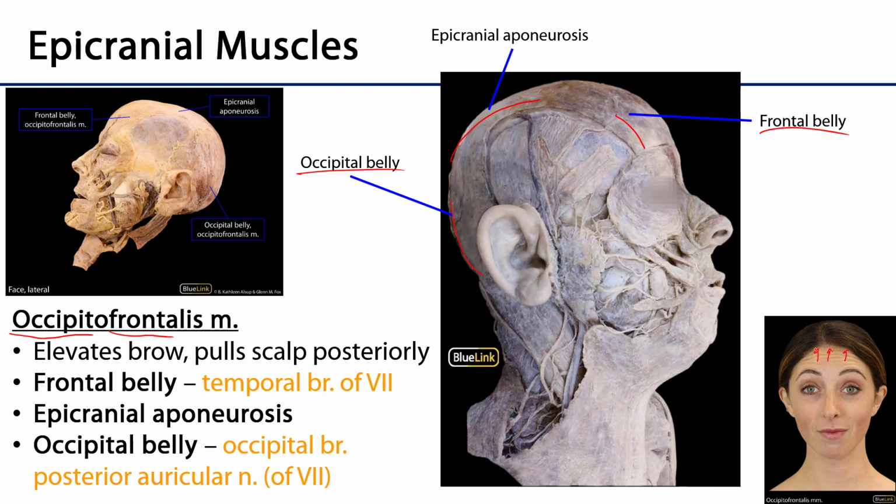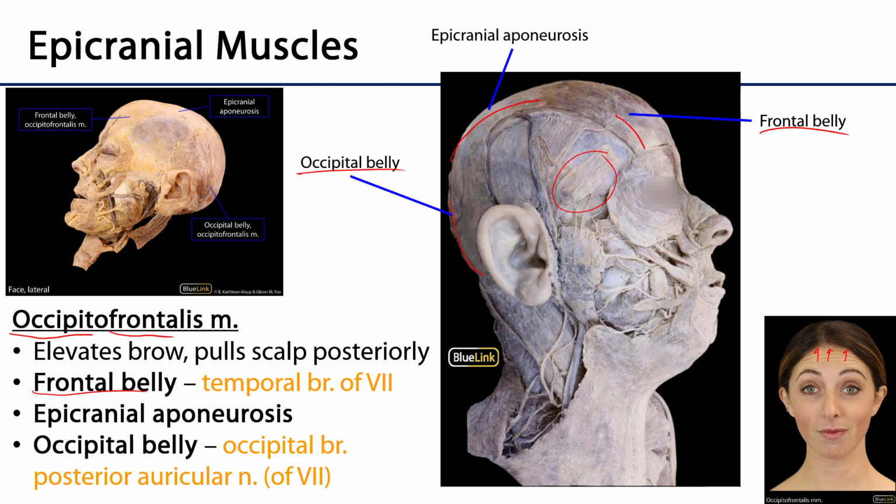So it gives this look of surprise, perhaps slight condescension, depending on how you want to mix and match this. The greatest amount of movement and expression here is generated by that frontal belly. That frontal belly is innervated by temporal branches of the facial nerve.